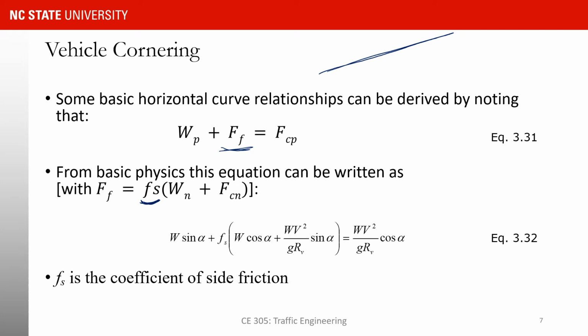And the normal force, if you remember, we had W, and we also had Wn, and also we had F sub Cn. So the normal force that we have here is equal to F sub Cn plus Wn. Okay, so I have that. And if you multiply that by F sub S, that is going to be our friction force.